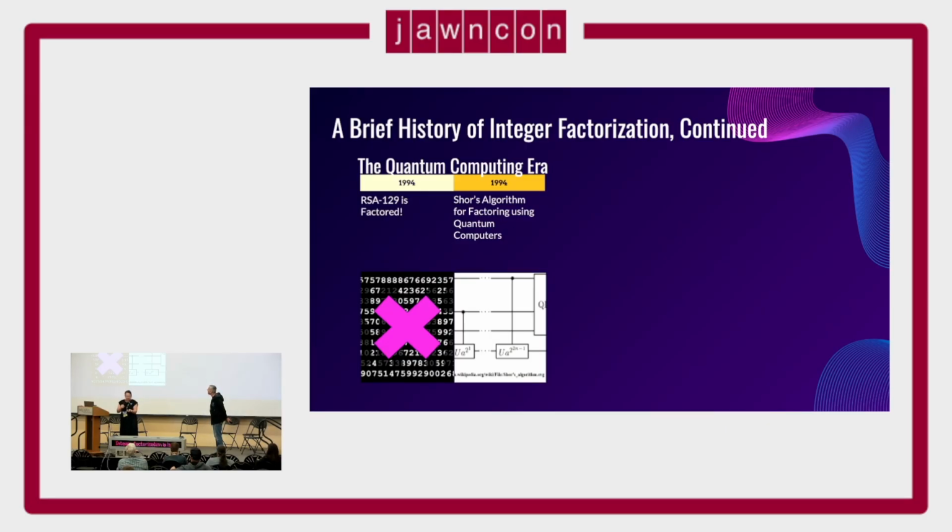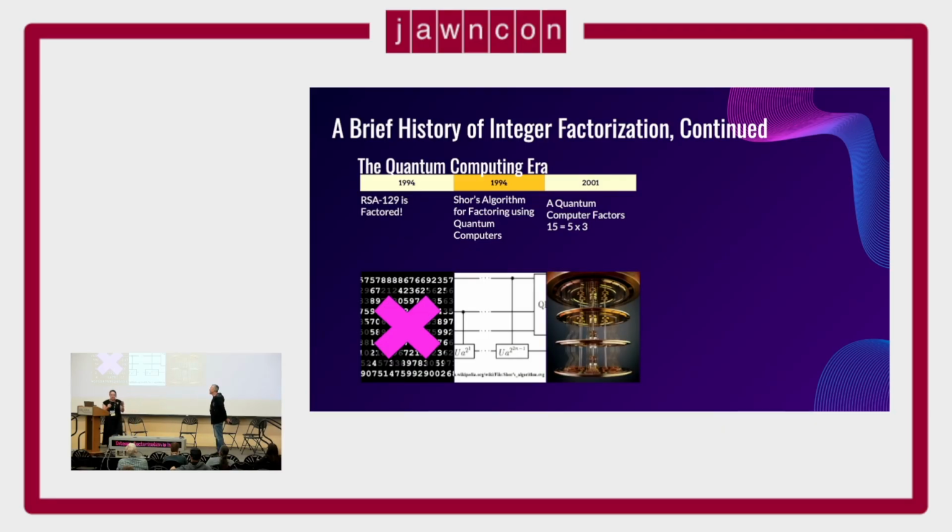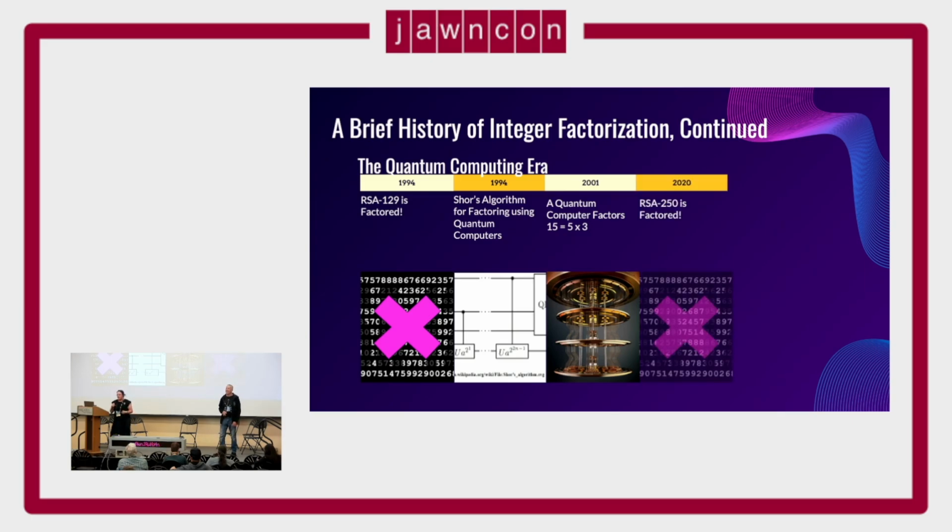These were all theoretical at this point. And it is very interesting to me that RSA 129 was factored in 1994, which was the same year that Shor's algorithm was developed. In 2001, we finally get a quantum computer that can factor 15. Yeah, let's go. We're making progress.